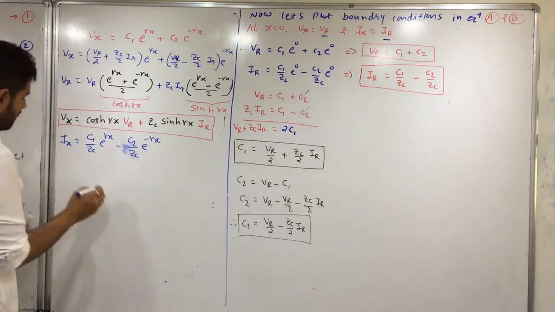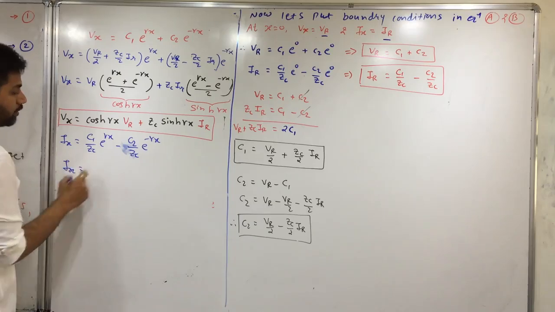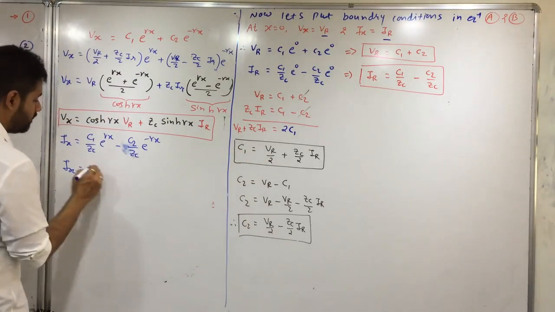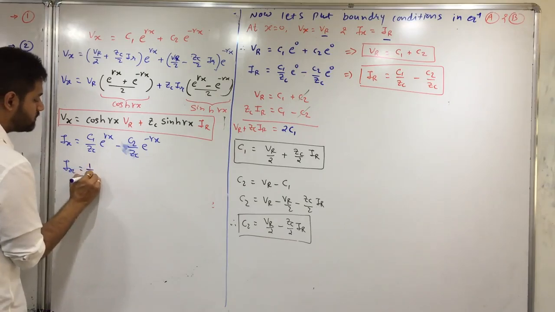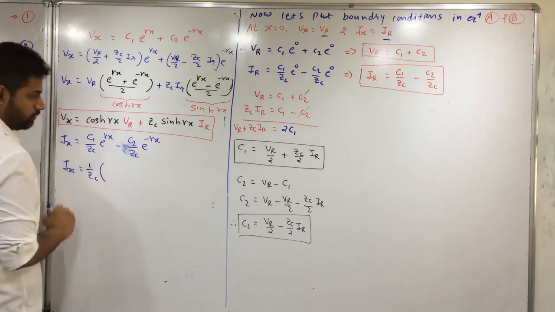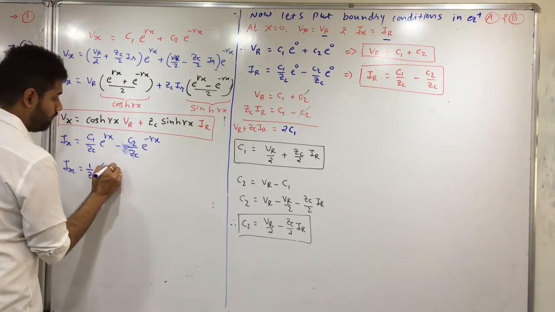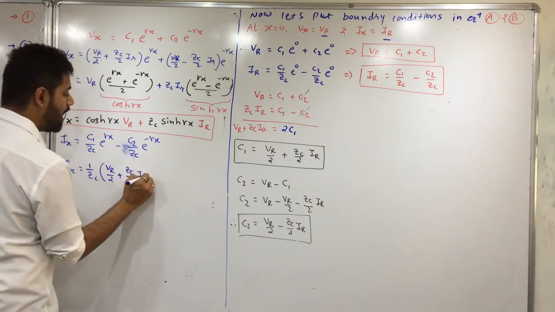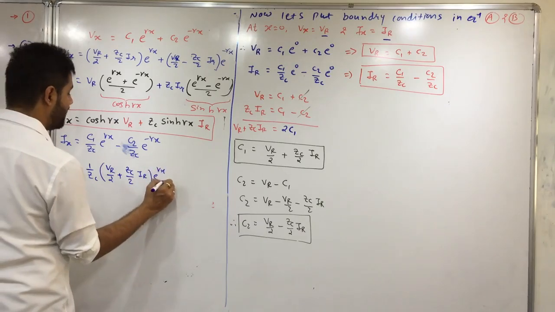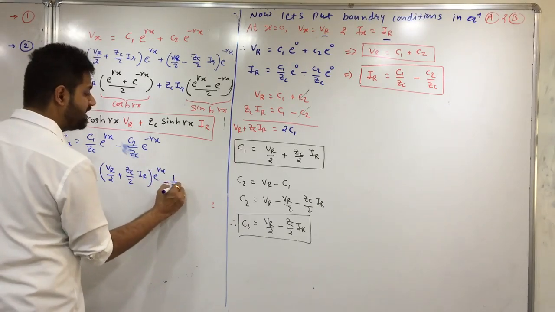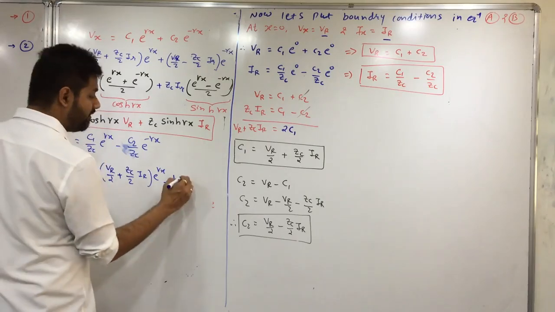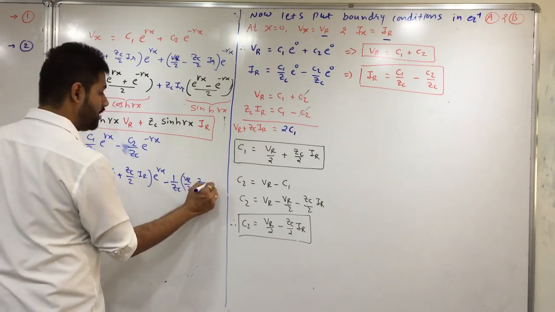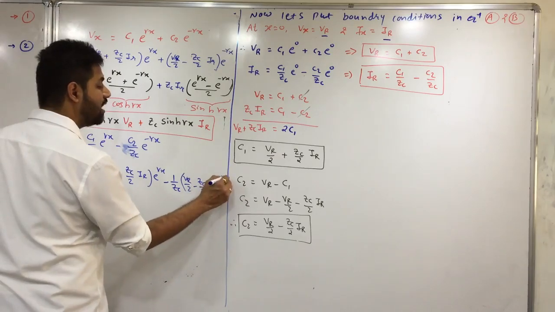So I'll be putting the value of C1. So Ix is equal to, C1 is what? Vr by 2 plus Zc by 2 into IR. So 1 upon Zc is already there, into Vr by 2 plus Zc by 2 into IR into e raised to gamma x, minus 1 upon Zc is again there, I'll be having Vr by 2 minus Zc by 2 into IR e raised to minus gamma x.